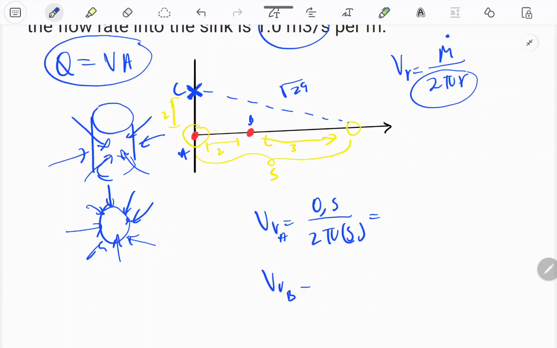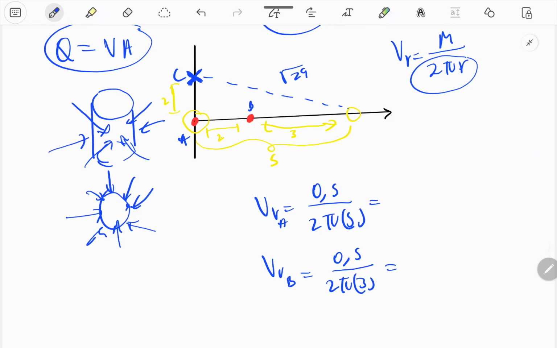v_r by B is going to be the same flow rate, since it is a source, and the distance now becomes 3, like that. Then I'll use my calculator.